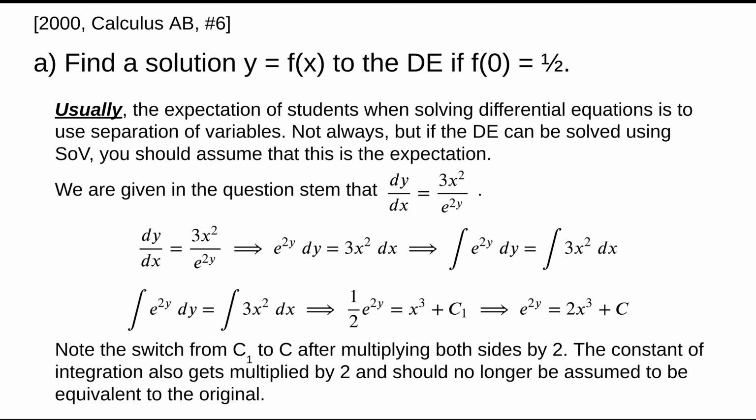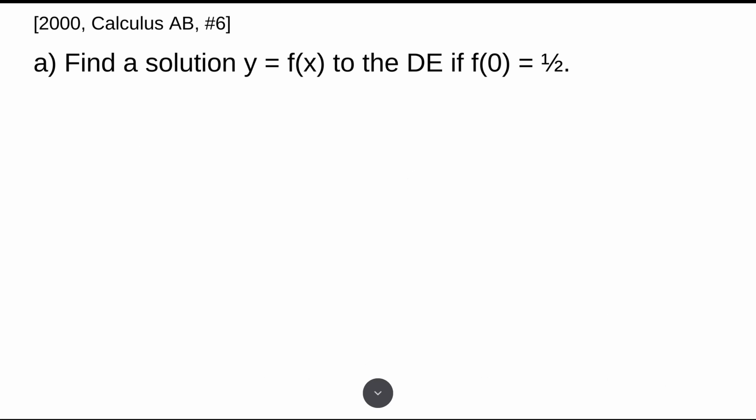So I don't want to assume that c and c1 are actually the same value, because the second constant is double the first one. So I like to change that to my final c once I know I'm done doing any arithmetic with that constant. So now I have an expression of the form e to the 2y equals 2x cubed plus a constant.